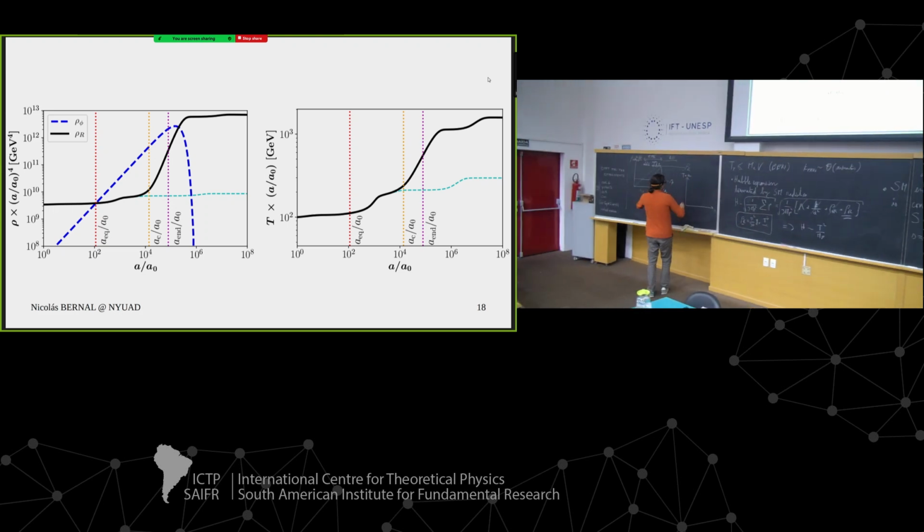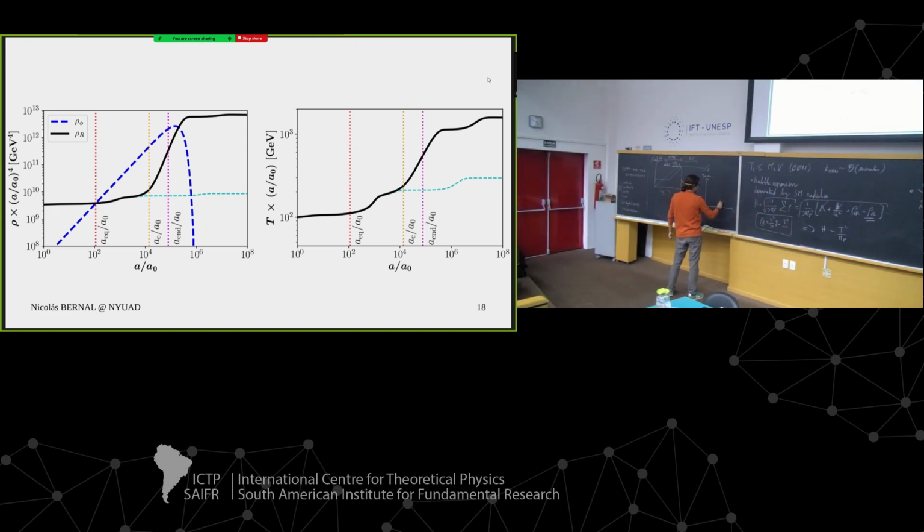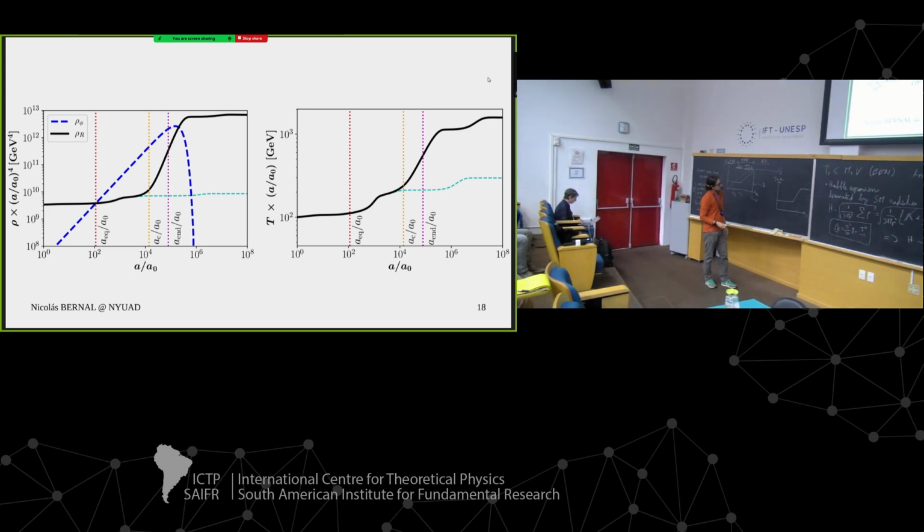Let me put again these three lines. So first, I see that this is constant, right? Here it is constant as well, but at some point, it goes up. And why is it going up? Because I have a source. It's not free radiation.